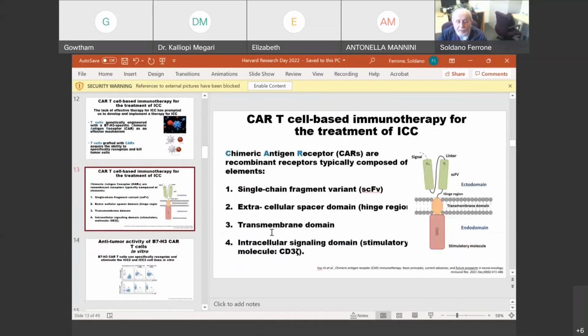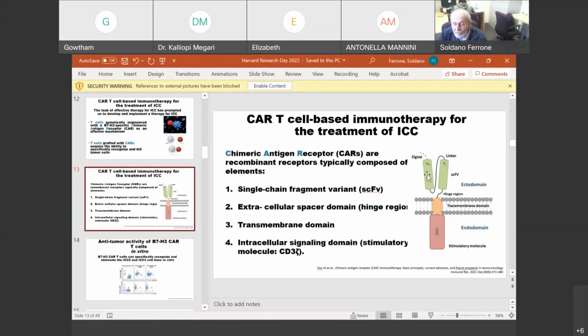So just to briefly summarize what the chimeric antigen receptor is, it consists of several domains. One domain is a recognition domain, which is usually a single chain derived from an antibody which recognizes the tumor antigen.